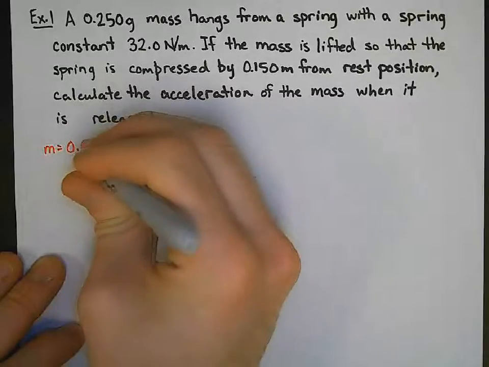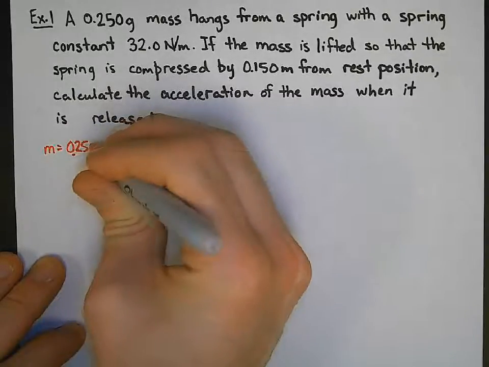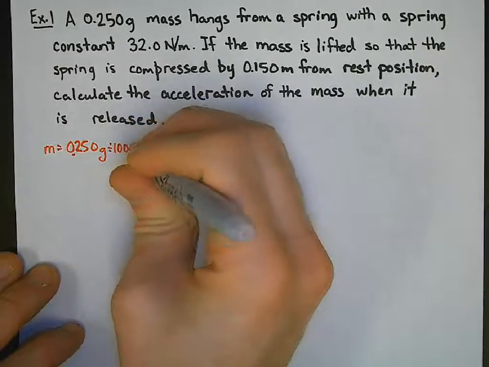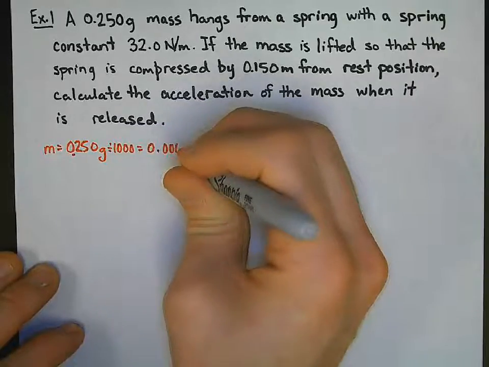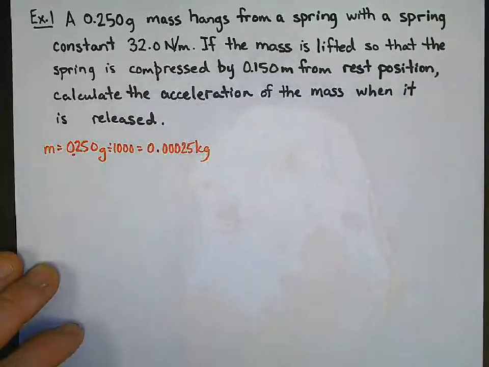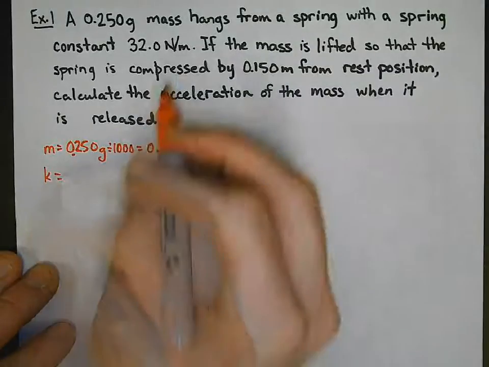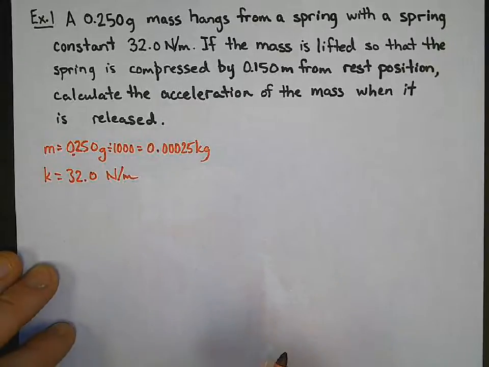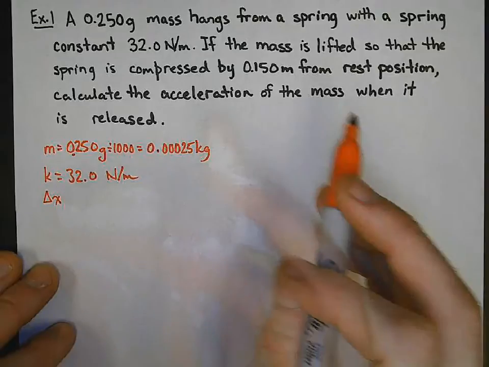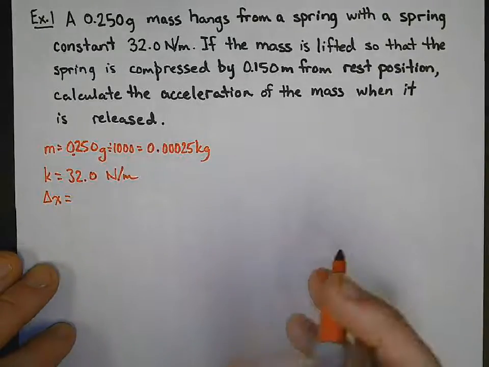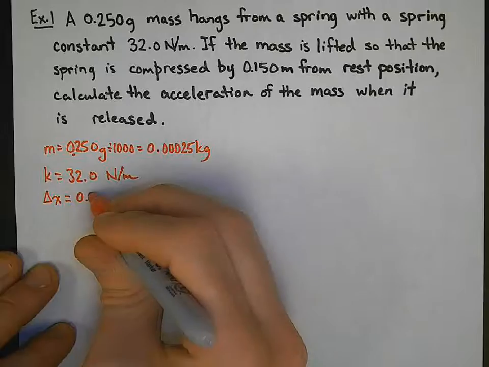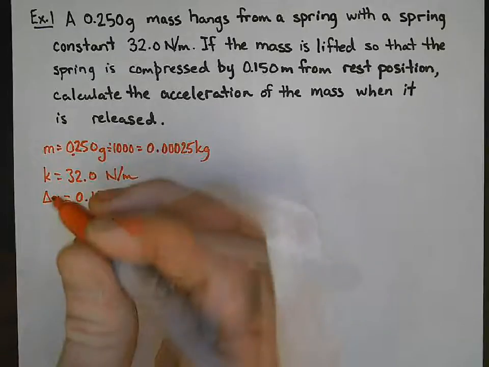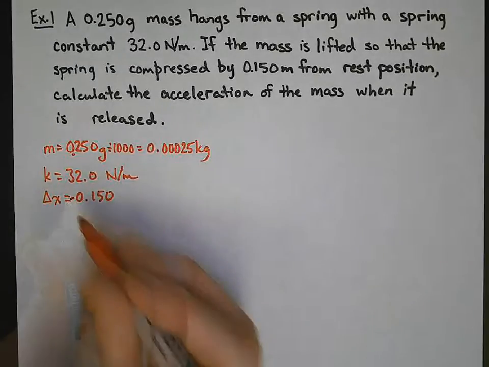We are given our mass of 0.250 grams, which when we divide by 1,000 will give us 0.00025 kilograms. Our spring constant given to us is 32.0 newtons per meter. And we also have a displacement which, if stretched, would be in a positive direction, but it is compressed, so 0.150 meters compressed, so we should make sure that that is in fact a negative.